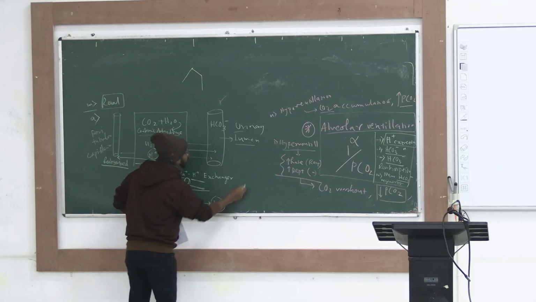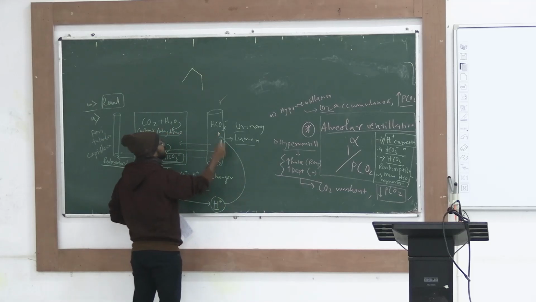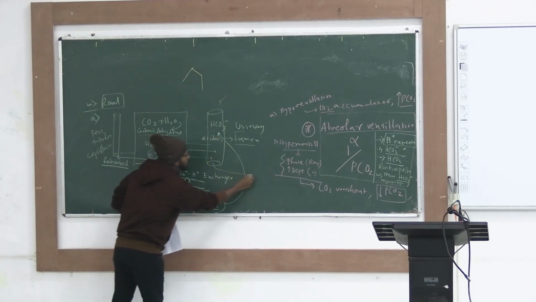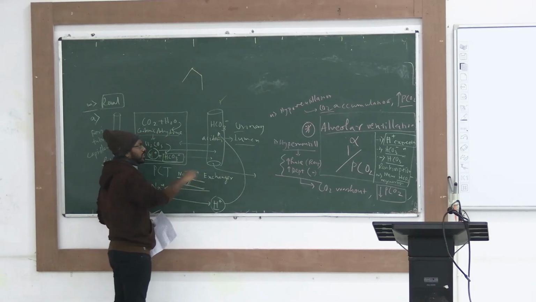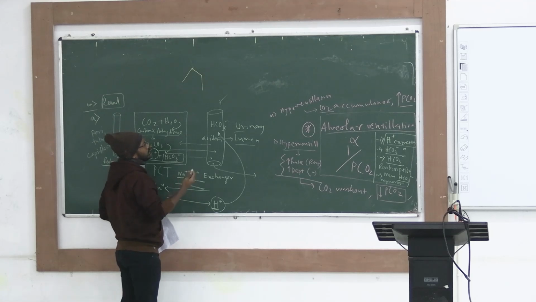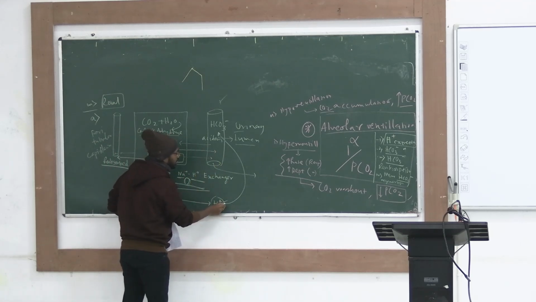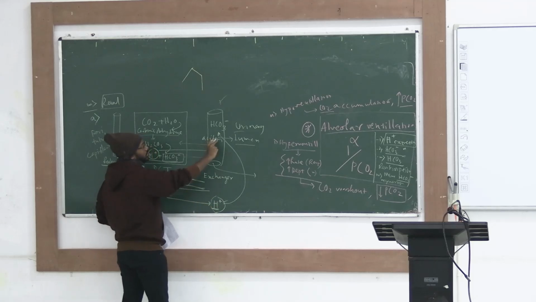Now this bicarb and this excreted hydrogen, since there is acidosis, so acidosis is an unwanted hydrogen, if this goes out and if it goes out from lumen to the outside, there won't be any problem, but if there is accumulation of hydrogen, then there can be problematic sequences.